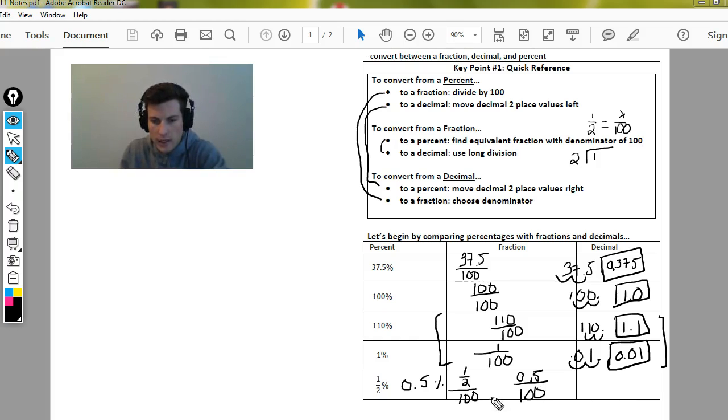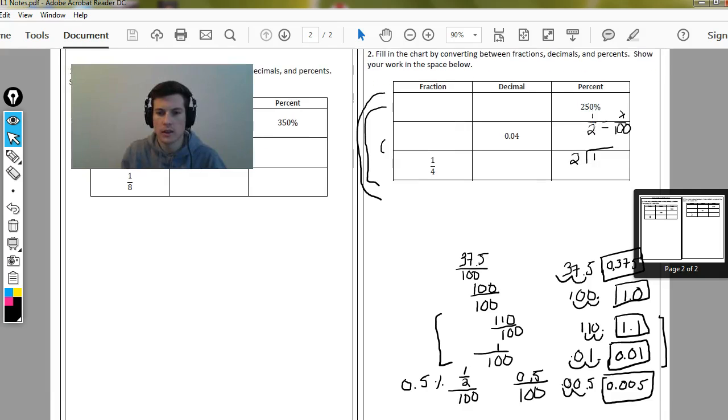Now, we can't move the decimal place for this fraction very easily, but by converting to 5/10, we can move the decimal place 2 spots to the left, and remember we got to fill this open space with a 0, and this will give us 0.005. Don't leave out that second 0. Pay really close attention. And of course, in math vocab, we would say 5 thousandths, because the 5 is in the thousandths place. Great. Let's move on to the next page and some more practice questions.